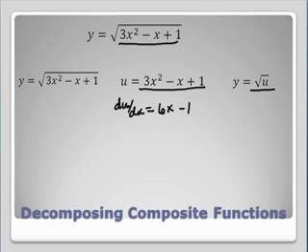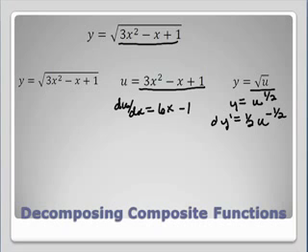Doing the derivative here, I would first rewrite it as u to the 1/2. And then when I do the derivative, we use the simple power rule. So 1/2 u to the negative half. And actually I'm going to rewrite this as dy du instead of the prime there.